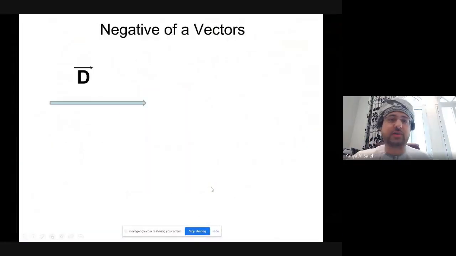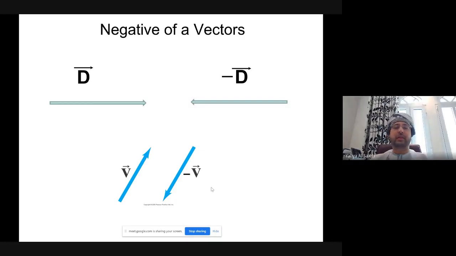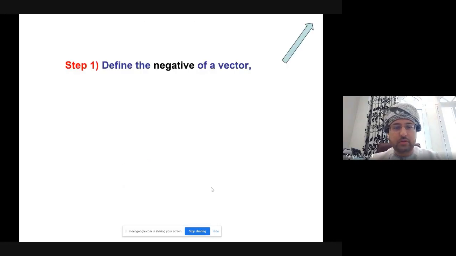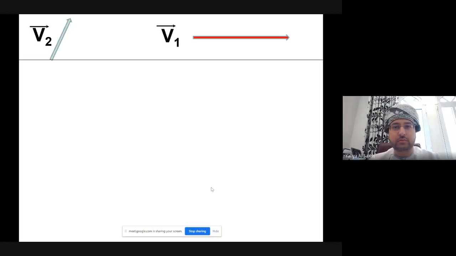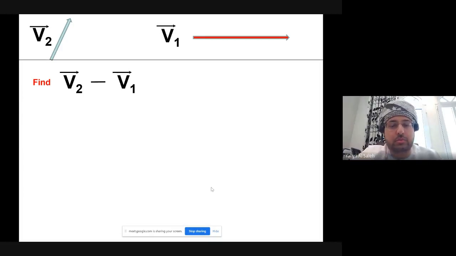Okay, let's do subtraction. The negative of a vector is simply the same vector in the opposite direction. That is quite obvious. So step 1, we define the negative of a vector to be the same vector in the opposite direction. Let's try an example. What is V2 minus V1? So now instead of adding it, we want to subtract it.